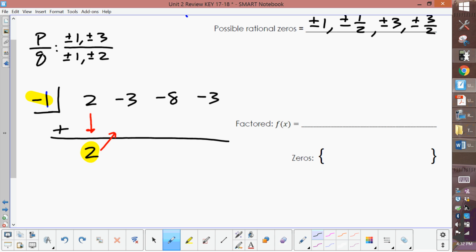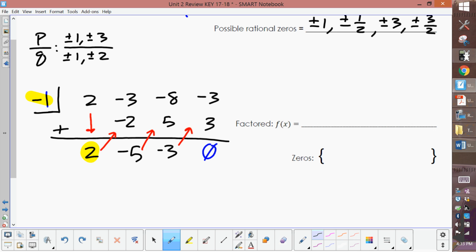I add down in vertical columns. I get a -5. Again, I multiply by what's in the box, and I get +5. I add down in vertical columns, I get -3. I multiply by what's in the box, I get +3. And this is what I want.